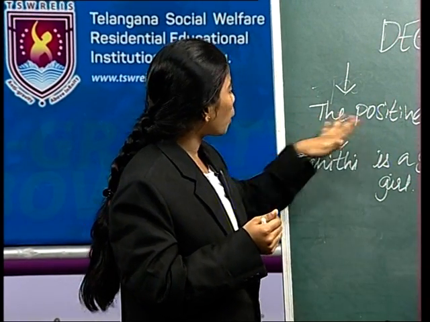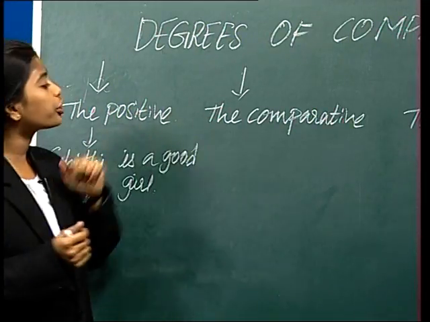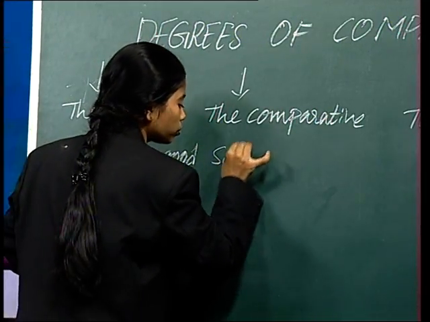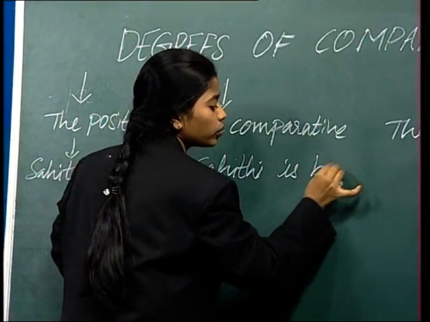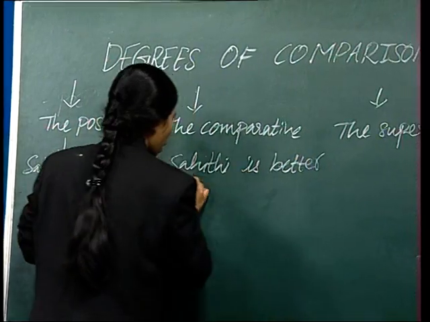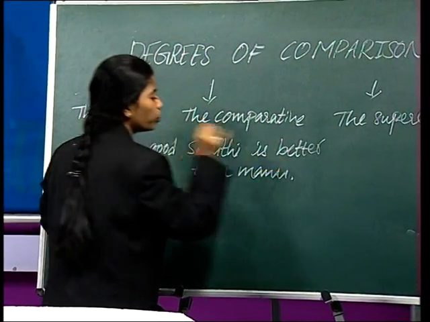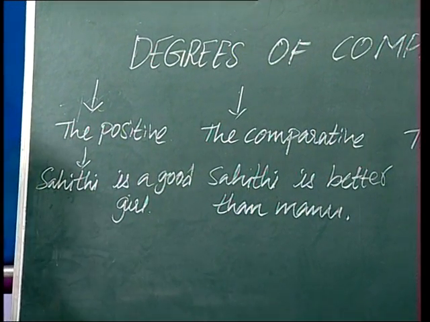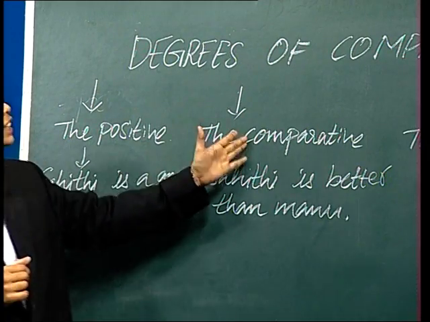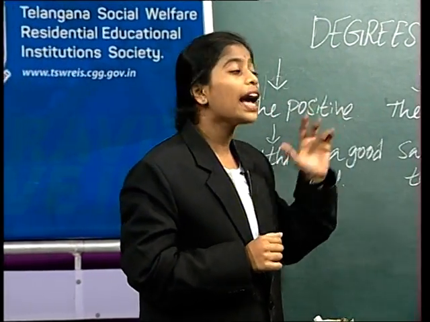Here the positive form is Sahiti is a good girl, and while coming to the comparative, Sahiti is better than Manu. So friends, what we have observed here is that in the positive form it is good, and in the comparative form er is added to the positive form of the adjective.